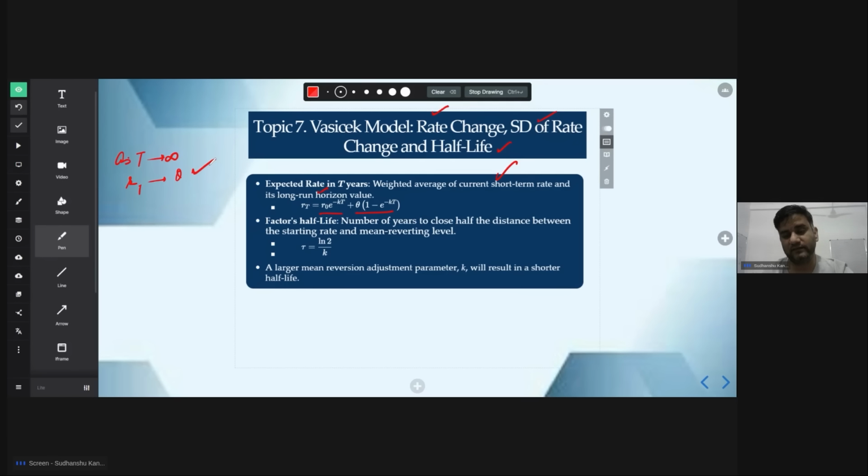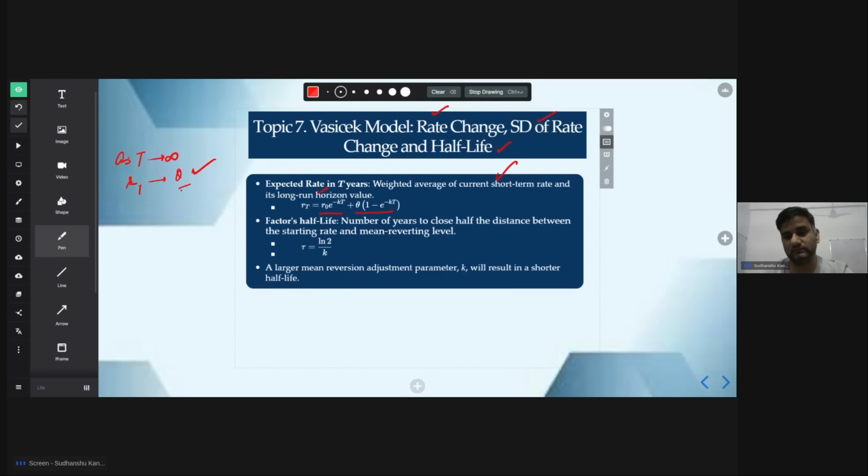Let's say today's short rate is 8% and your equilibrium theta is 6%. In 5 years, so if you have been given that short rate is 8%, equilibrium is 6%, and k is given, the expected rate in 5 years should be a weighted mix closer to 6% than 8%, right? You tend to move closer to your long run value, right?